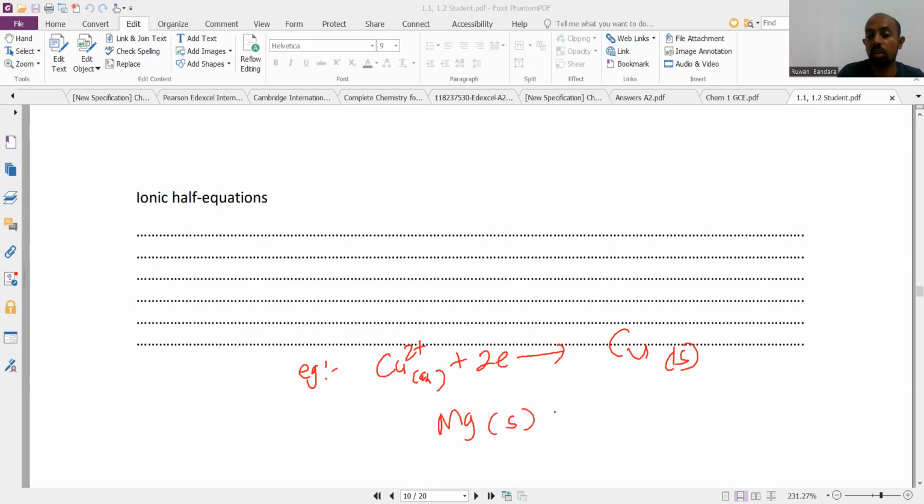Mg gives you Mg2+ (aq) plus 2 electrons. So the first one is reduction. The second one is oxidation. Exactly. Yes.